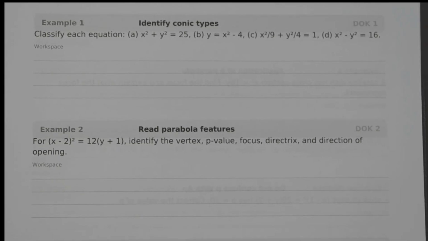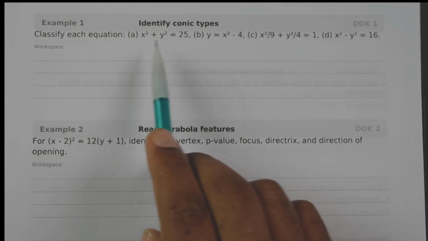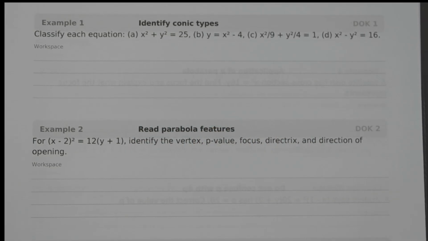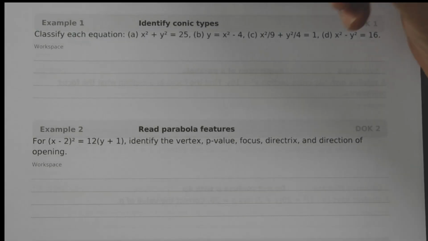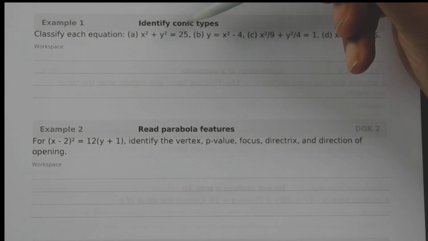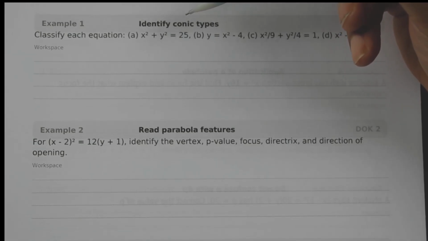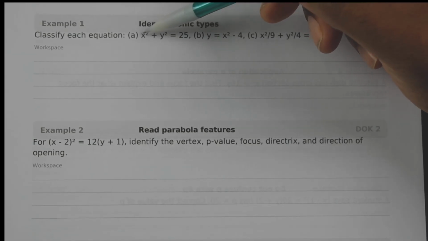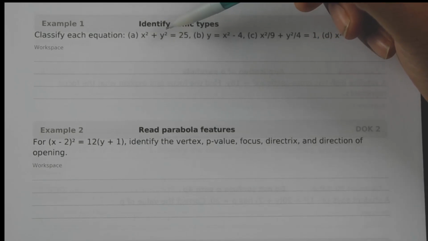All right. Example number one, let's get right to it. We have to classify each equation. We have several equations here, A, B, C, and D. Let's start with part A: x squared plus y squared equals 25. Both x and y are squared, and they have the same coefficient, 1.